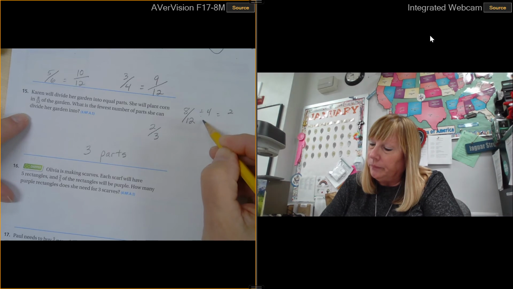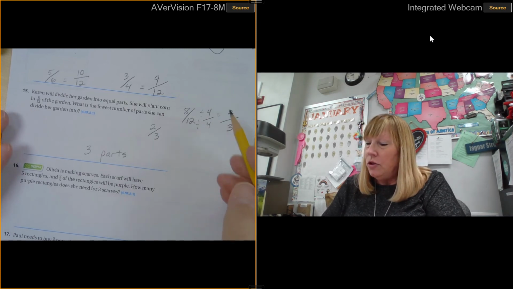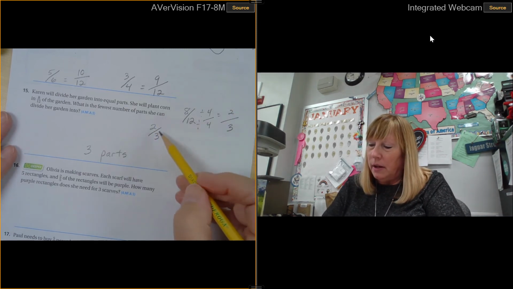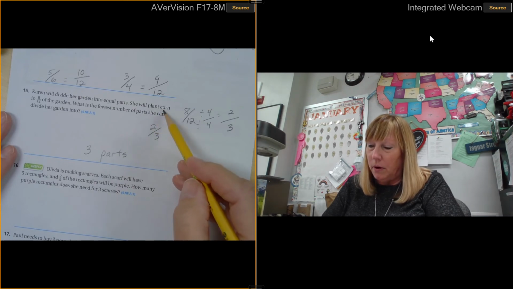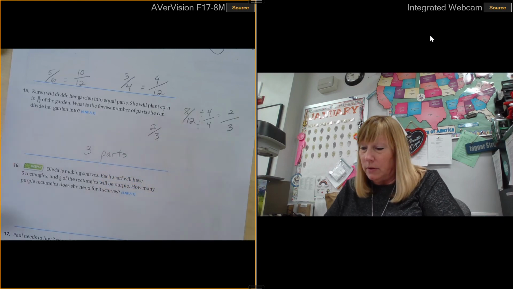Okay. All right, so 2/3 of the garden is going to be corn, and then another third is going to be the rest of the garden.